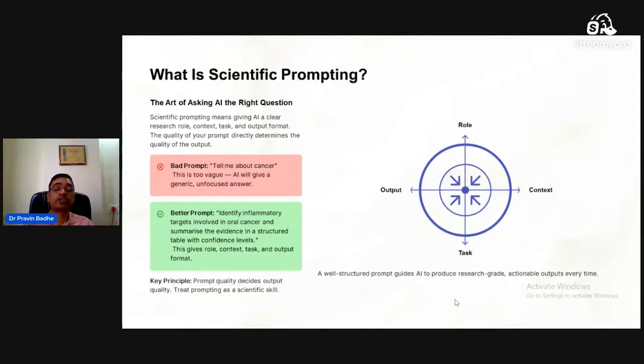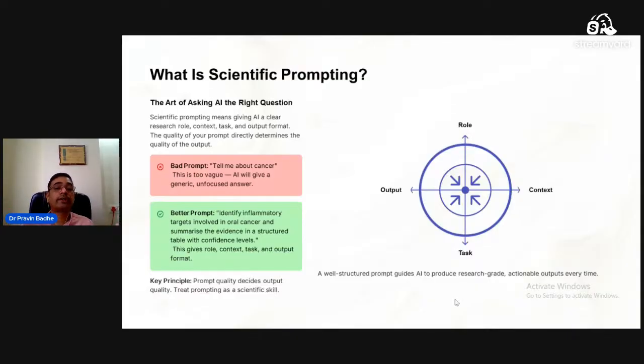This was the first step for us as well when we started in 2021-22 utilizing the large language model. Whenever you start using a large language model, any ChatGPT or Perplexity, let's say you say tell me about cancer, it is going to give you the answer, and then you start again giving prompt after prompt, and you lose in the process.